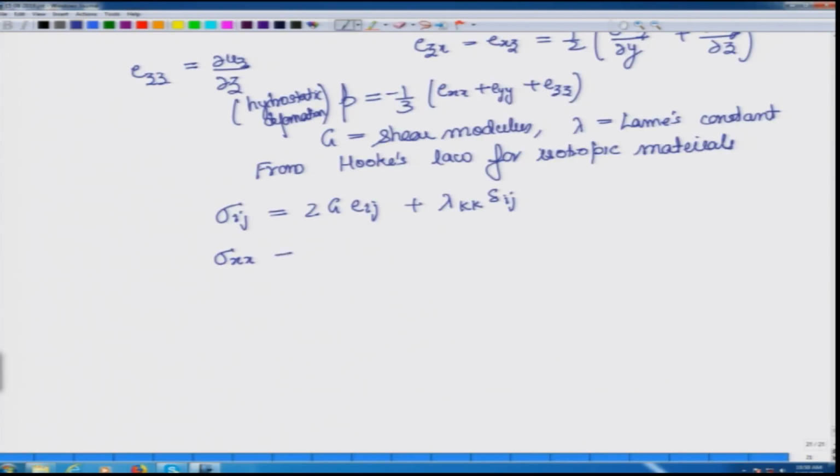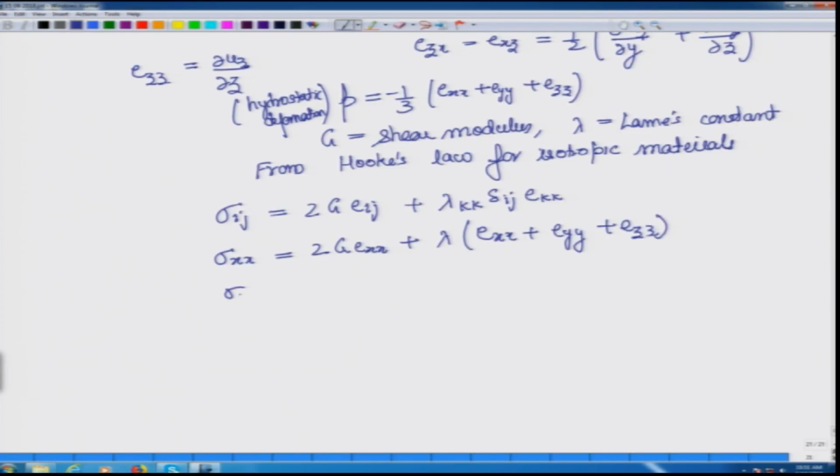Therefore, sigma x x is equal to 2 G E x x, and as you can see, over here x x is the same as i equal to j, therefore, we will have lambda and here there was a term E k k. So, we will have the term lambda times (E x x plus E y y plus E z z).